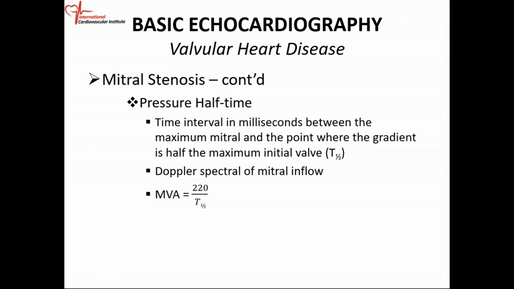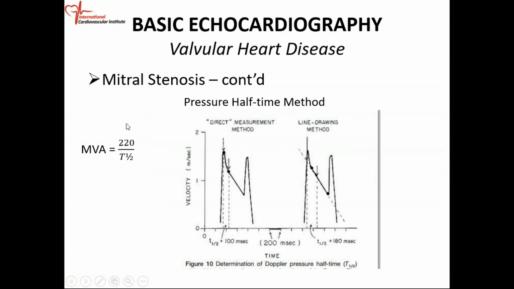You need to get your Doppler spectral, the CW Doppler of the mitral inflow, and you can get the pressure half time from that. You have to know the formula: the mitral valve area is equal to 220 divided by the pressure half time.